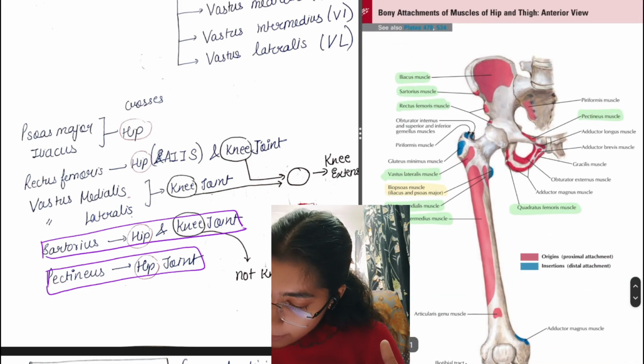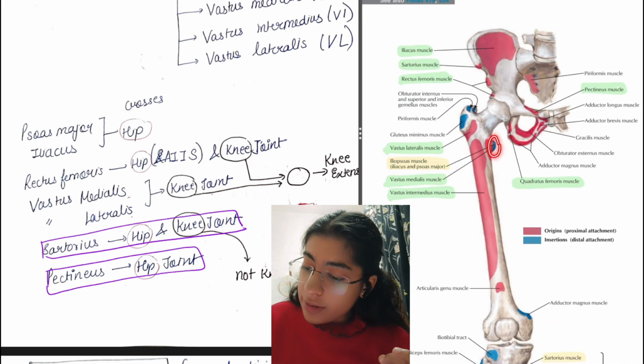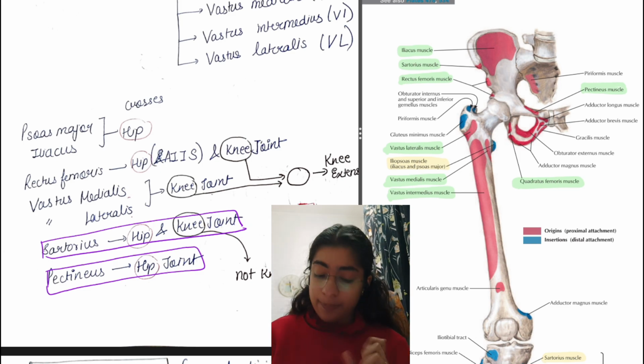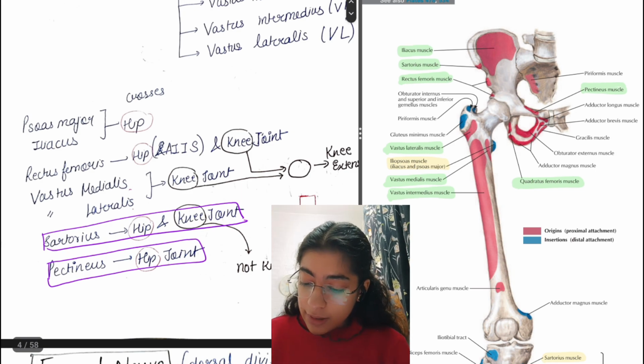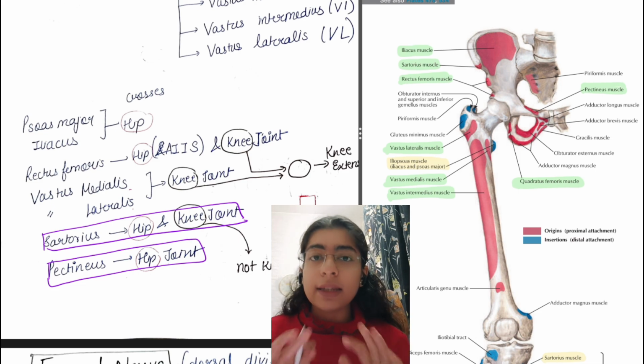Here you can see very well the iliopsoas muscle insertion. This blue color one is the insertion on the lesser trochanter. So it crosses only the hip joint, so it will be a hip flexor only, no role in the knee.